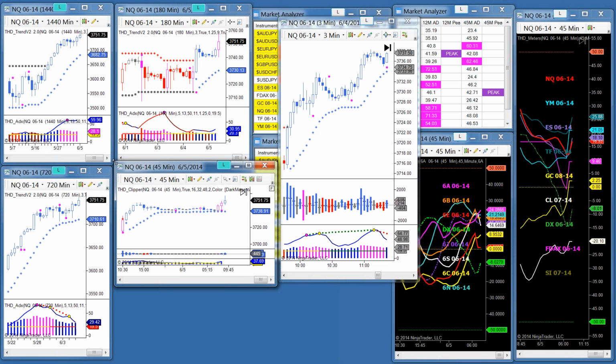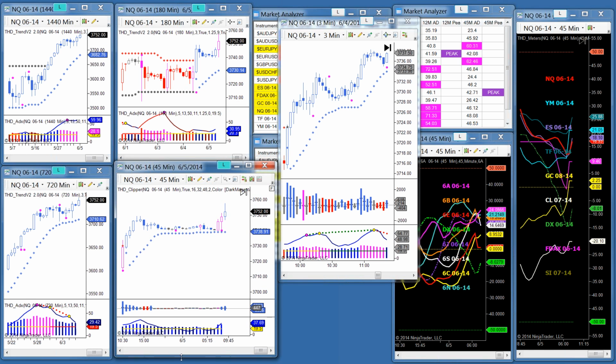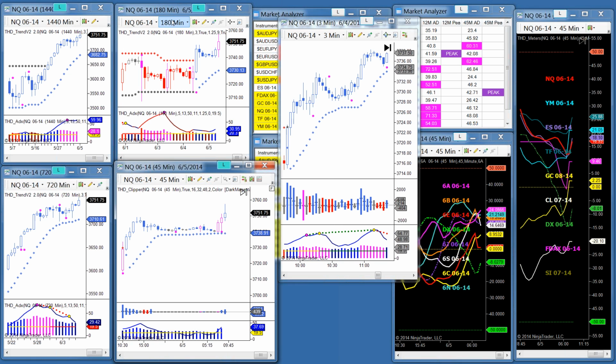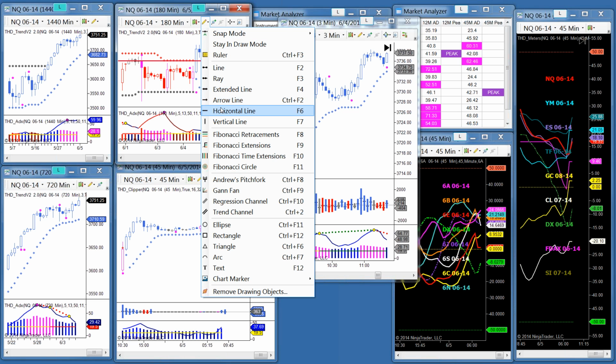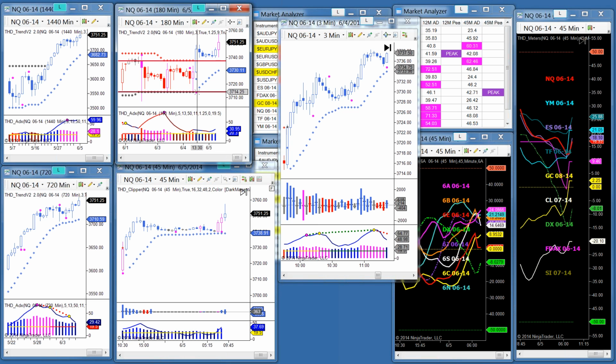Let's see, let me find something. All right, here on the 180, okay? Let's identify where this congestion area is. The top of it is at 37.50. The bottom is at 37.14.